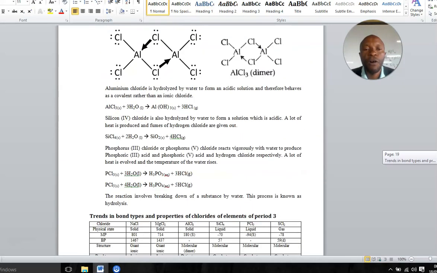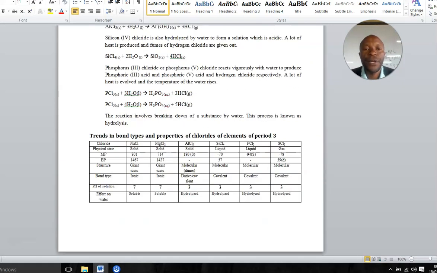So phosphorus 3 chloride reacts with 3 molecules of water to form phosphorous acid, H3PO3, and HCl.